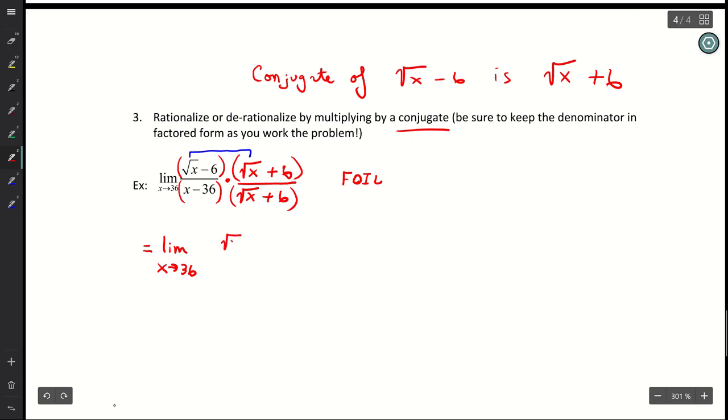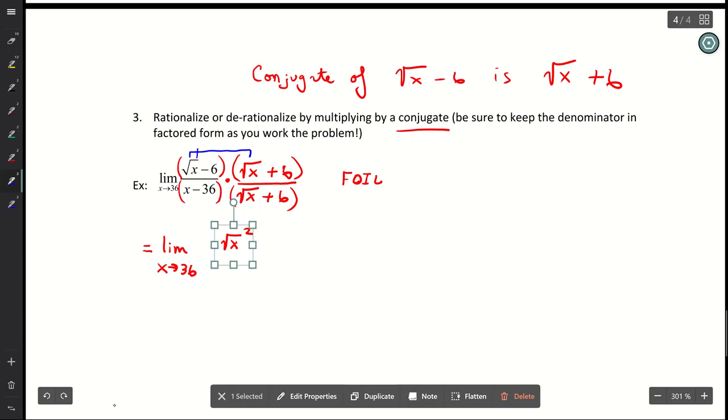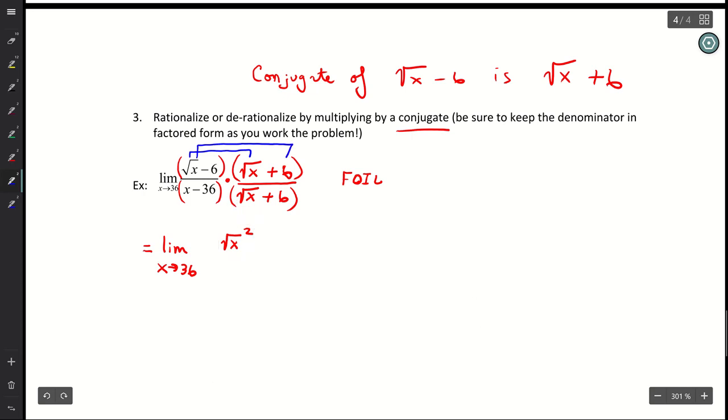That's going to be the square root of x squared. And then we do the outer. That's square root of x times 6. So what you do there is you say that's going to be 6 square roots of x. And then you do the inner, -6 square roots of x.